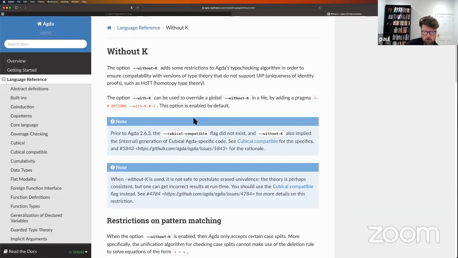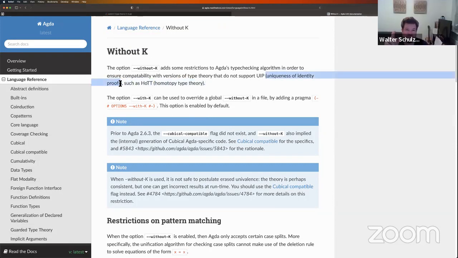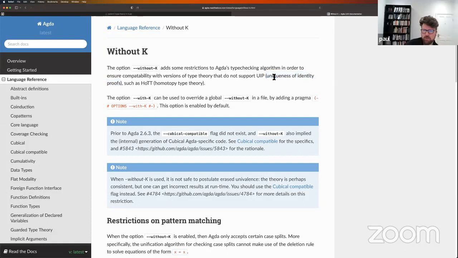So here it says that you should use this for theories that do not support the uniqueness of identity proofs, right? Oh, is that what UIP is? Okay. Are we really in a situation where we don't have uniqueness of identity proofs? Yes.